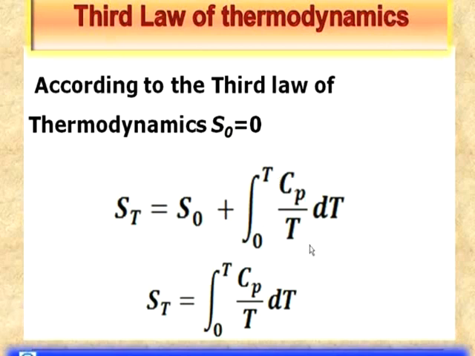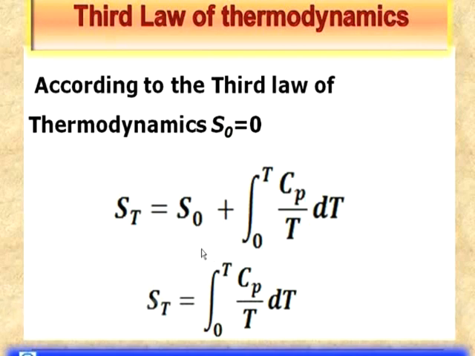We have just seen that entropy increases with increase in temperature. So this second term will always be a positive quantity, and entropy at any higher temperature will be greater than the entropy at absolute 0. That is, at absolute 0 Kelvin, the entropy should have the least value for a substance.